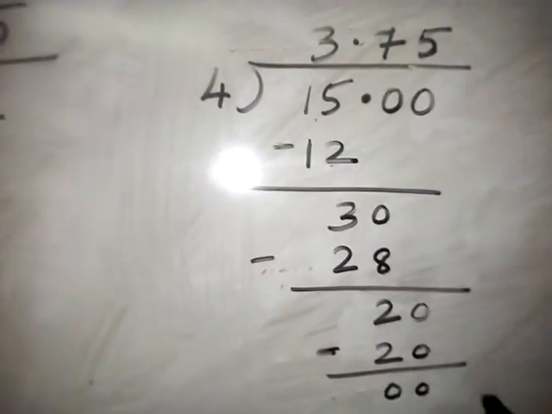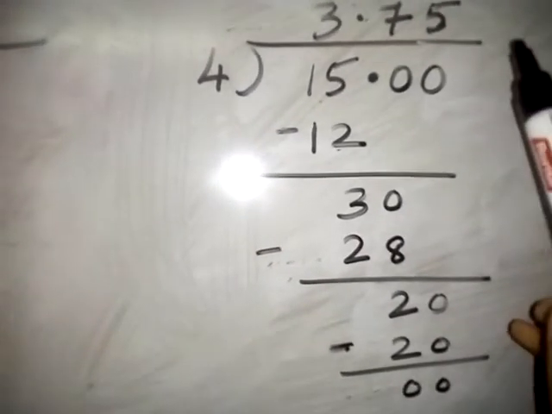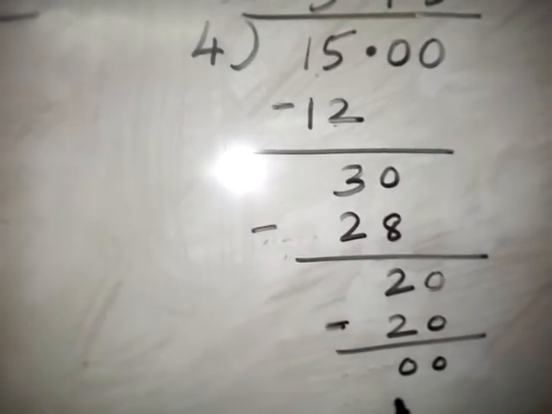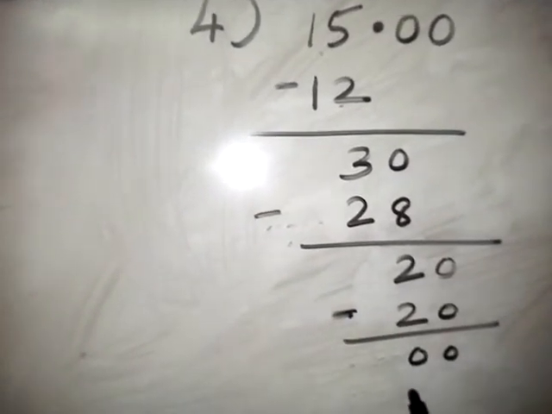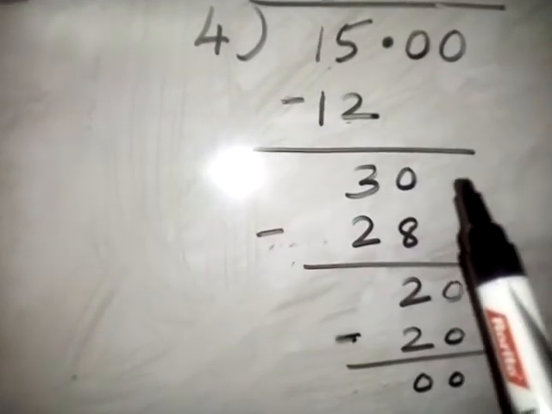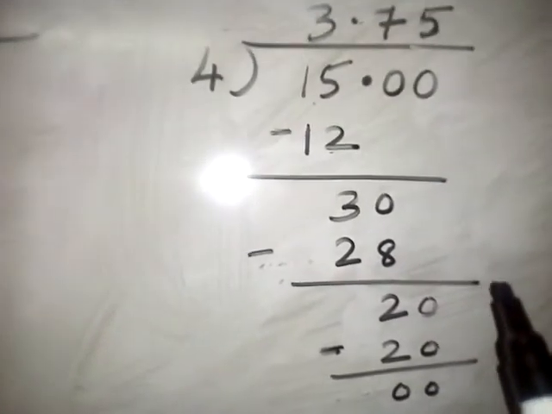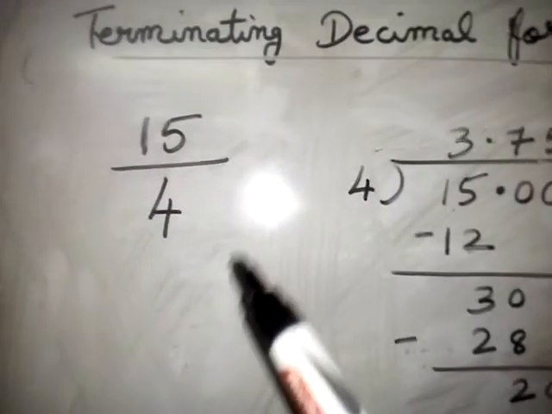Now the division is coming to an end after the decimal point. Okay, we got remainder 0 after continuing the division after the decimal point. So what is terminating decimal form?